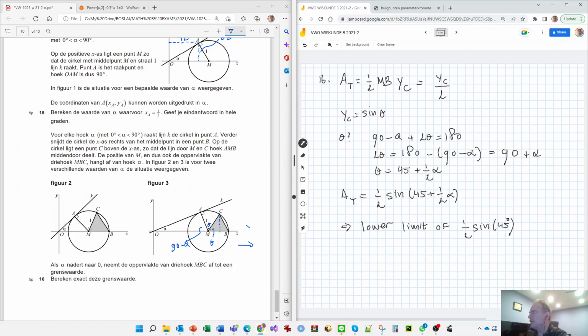And this, by the way, is 1/2 square root of 2 over 2, so it's 1/4 square root of 2, which completes this answer.